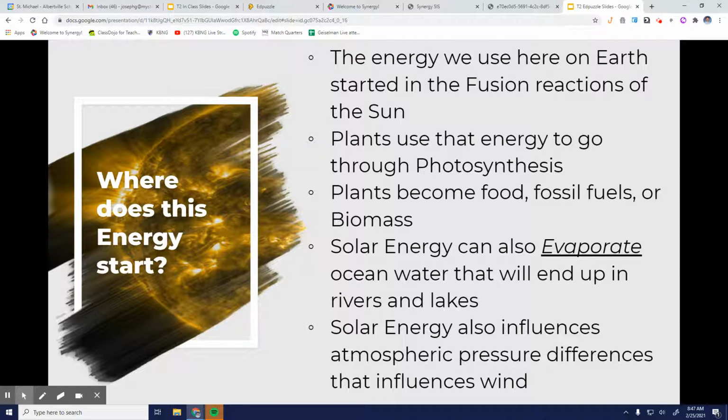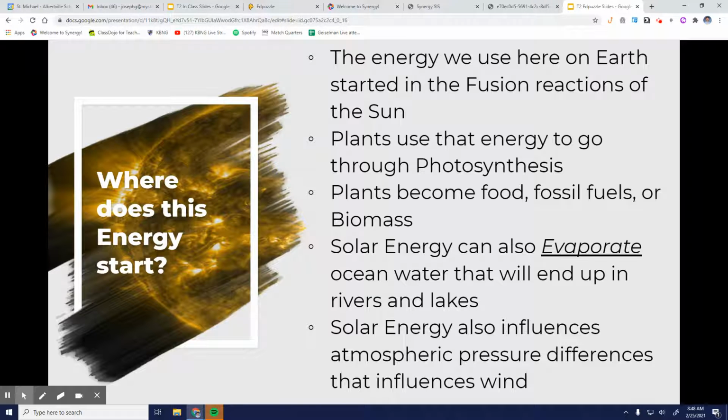Over time, if they decompose correctly, plants and those animals can become fossil fuels, or we can even use biomass. Biomass is recently dead plant material, so if we cut down a tree and we burn the tree, that would be considered biomass. So those become some sort of a fuel.